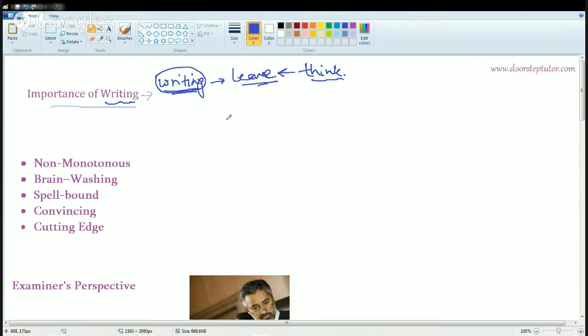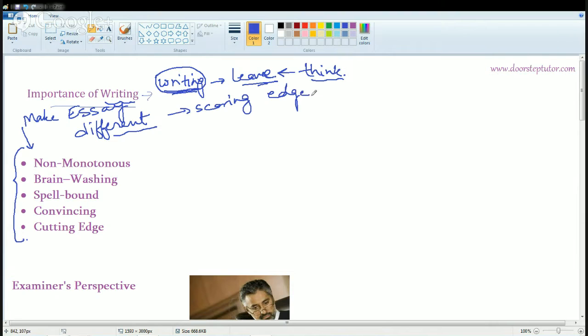Now, when we try to write, there are few basic characteristics we need to highlight. And these characteristics make your essay different from other essays. Only if you have an essay which is different from other essays, you will get a scoring edge.